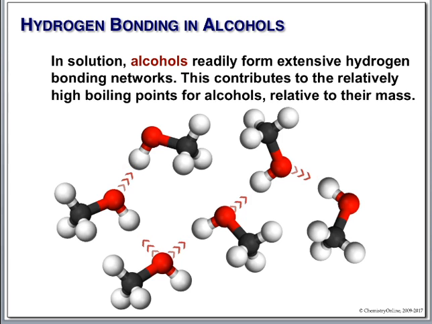Remember, that again comes from hydrogen bonding. And alcohols tend to be relatively high boiling relative to the carbon equivalent, and that's because we get all of this stabilization from hydrogen bonding.